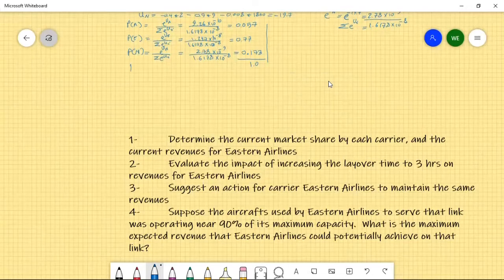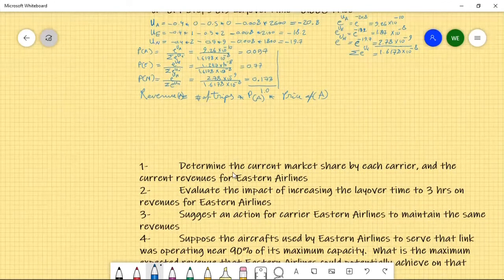Revenue equal number of trips times proportion, that's revenue for A, for example. Proportion of A multiply price of A. As simple as that.